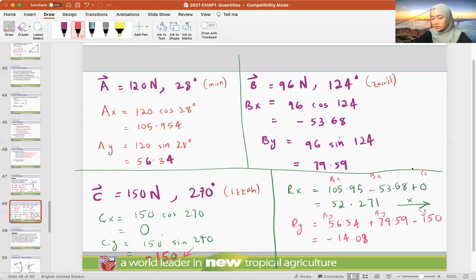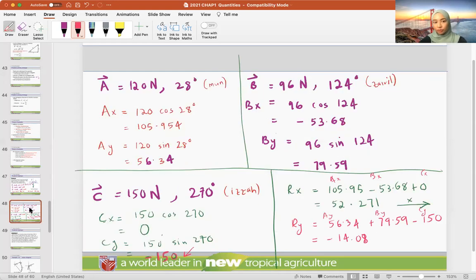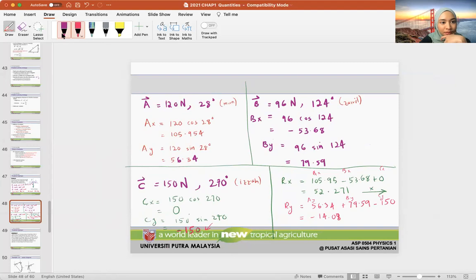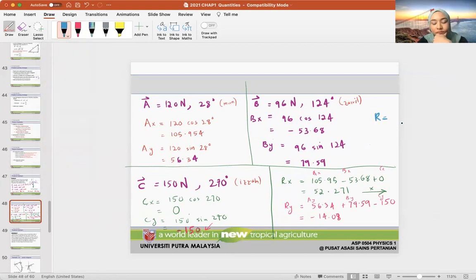So next one, Fazrul rasanya untuk R kita. So Fazrul macam mana nak cari R? Kita buat kat sini. Okay. So Fazrul macam mana? R equal to square root, Rx tadi 52.271 squared plus negatif Ry tu negatif 14.08 squared.